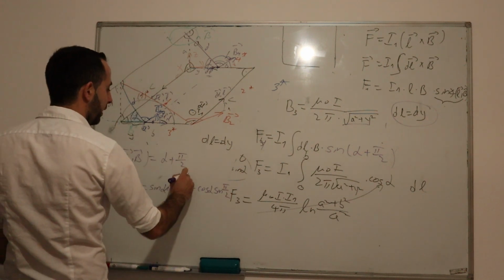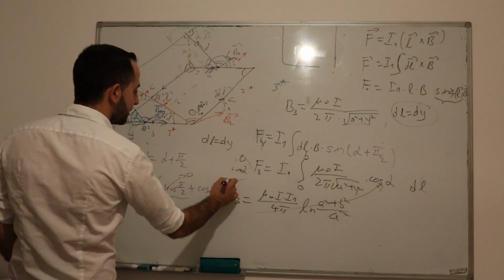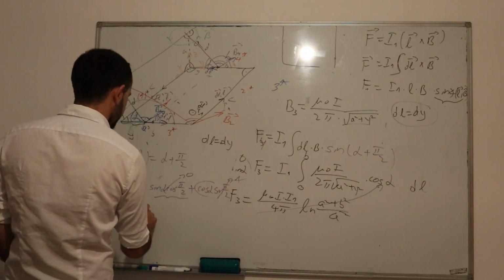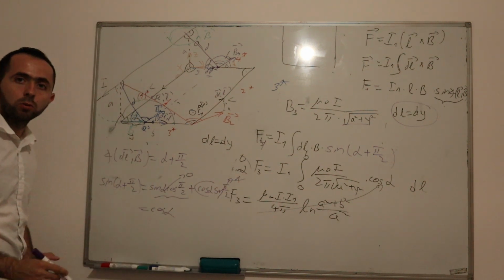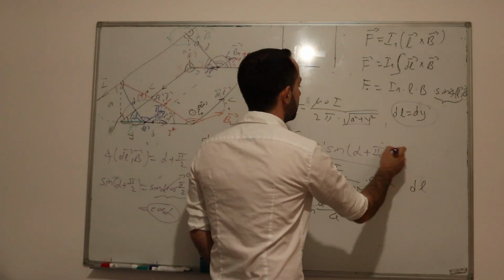Cosine pi and a half is 0, so that term is equal to 0. Sine pi and a half is 1, so only cosine alpha is left. So this is equal to cosine alpha.